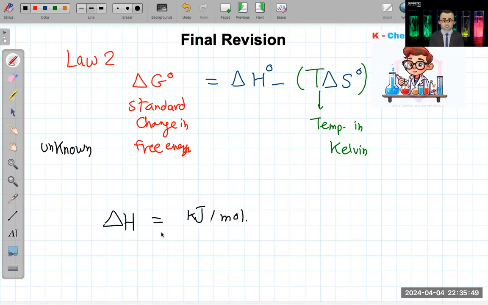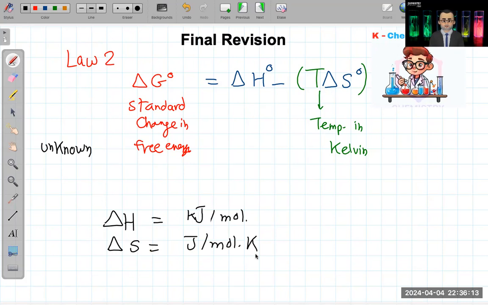While delta S is usually in joule per mole, and there is also the degree in Kelvin. So delta S is in joule per mole per Kelvin. So this is the most dangerous part in which all the people make the mistake and get totally different numbers from the required ones. Once we start to answer the questions, things get a little bit easier to understand.